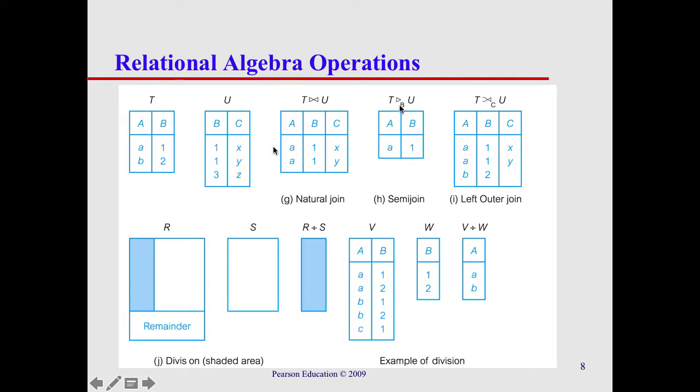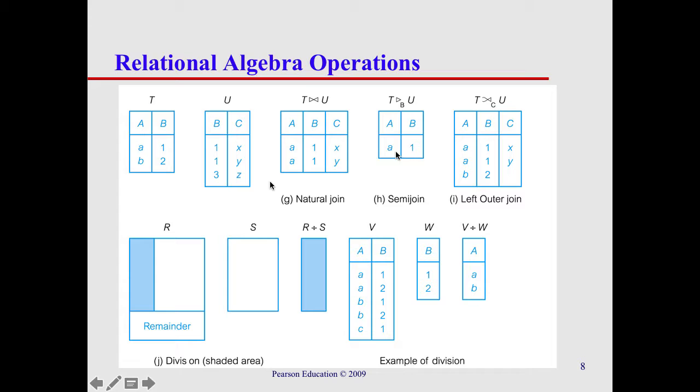This right here with the single half of the bow tie is called a semi-join. So sometimes you only care about the tuples in one of the two relations. So you do a join on both relations, but the result is only the tuples from the first relation. So here we join T with U, but in the result, we only care about the rows that were in T.